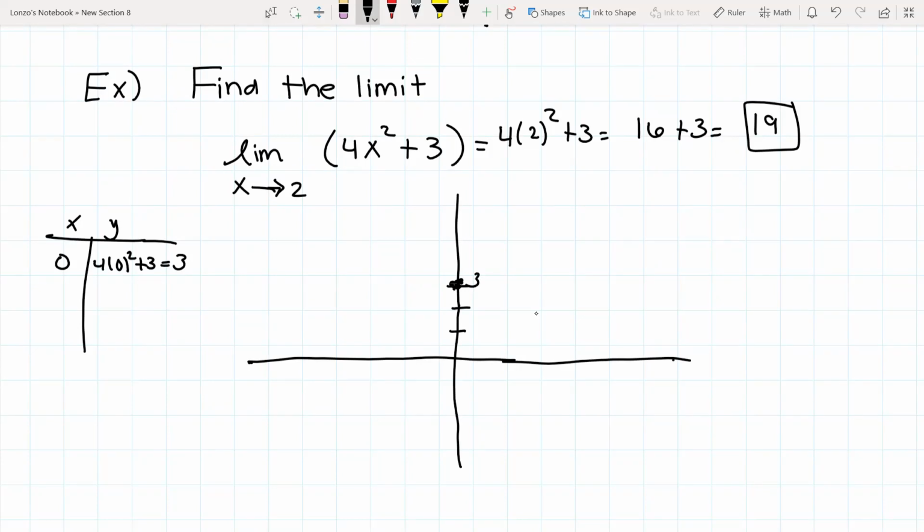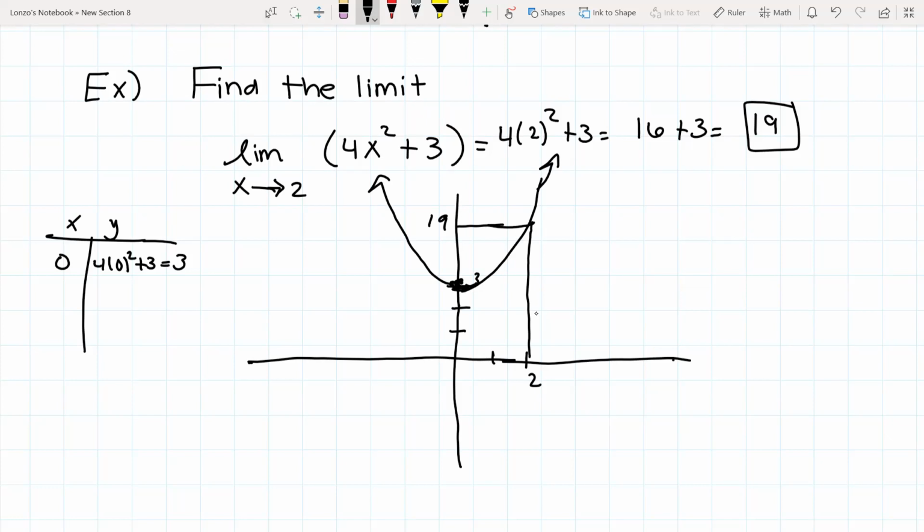This is the y-intercept, and it's going to curve, so it would look roughly something like this. Not exact, but a good idea. As x approaches 2, the y value would have to be, and this graph is not to scale, about 19, exactly 19. So as x approaches 2, the y value will be 19. And that is how you find the limit.